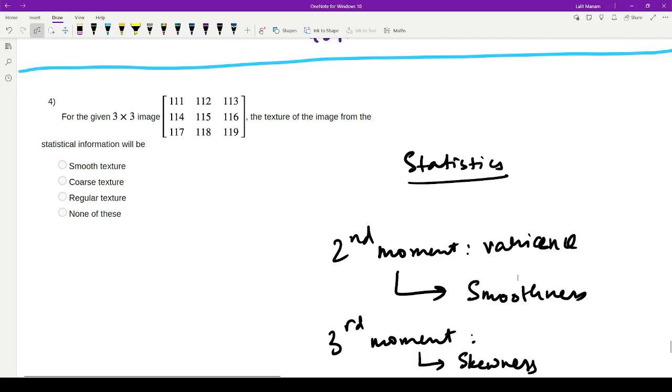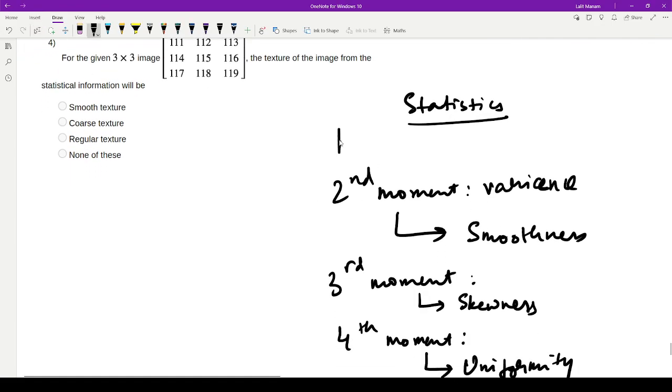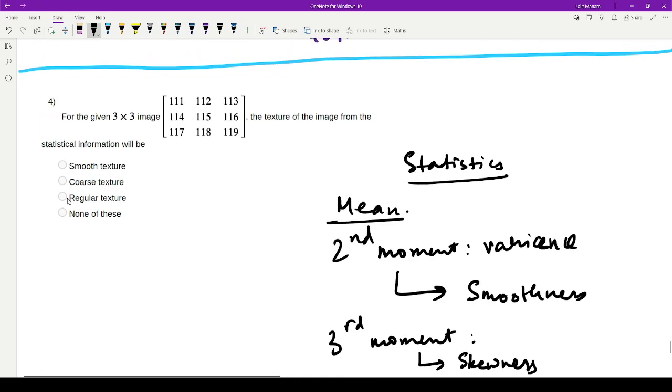Okay, so now we have some idea of how to deal with this. We also have mean as a statistic. We'll only use mean and variance for this question. You anyway have to calculate the mean to compute variance. So what is the mean of this set of numbers?